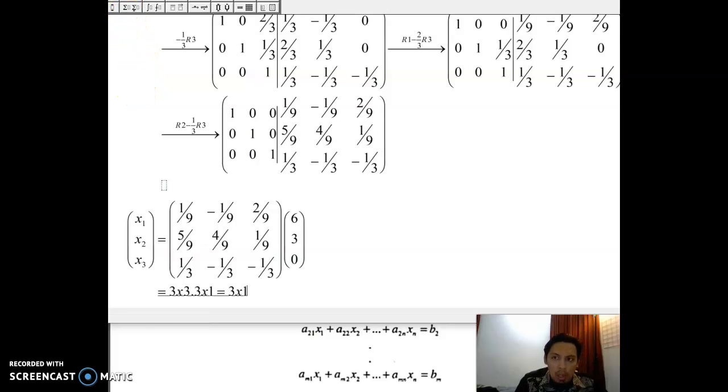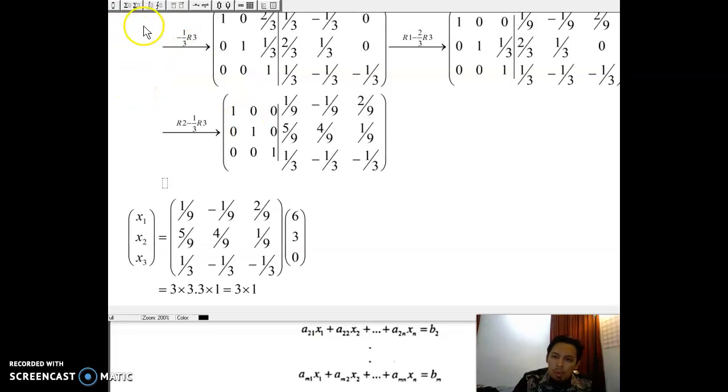So let us calculate it. We multiply all of them together. There you have it, the answer of x1, x2, x3.